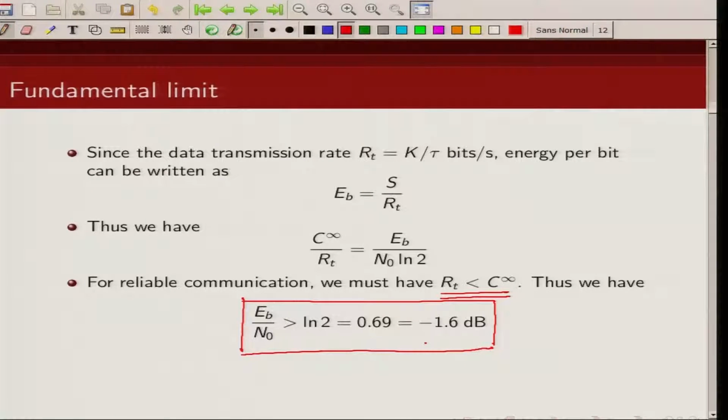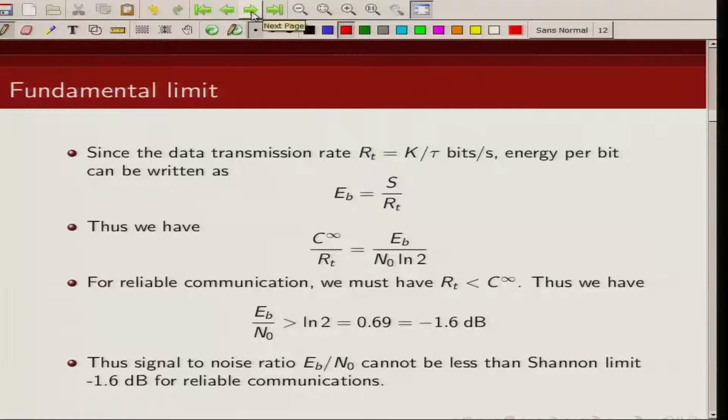This is for the case when we have infinite bandwidth and our code rate can go to 0. So, signal to noise ratio cannot be less than this limit, which is minus 1.6 dB.